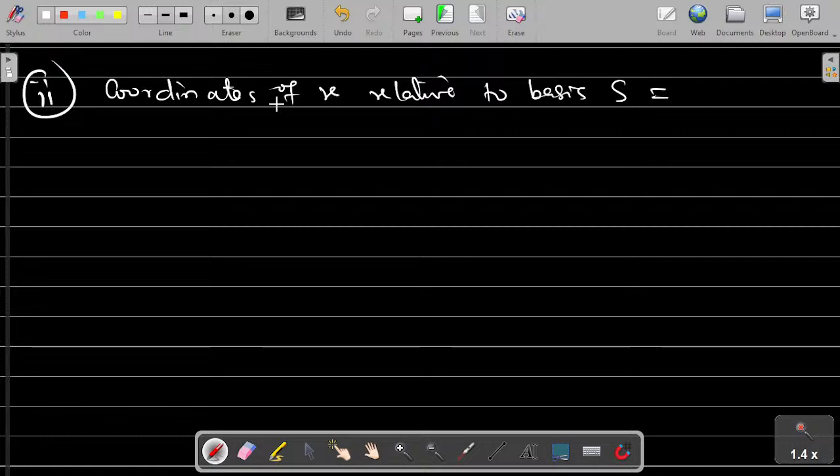So this thing that we are told to find is actually written this way: coordinate of vector x relative to basis S. So you have S here, and that's what they gave us there.